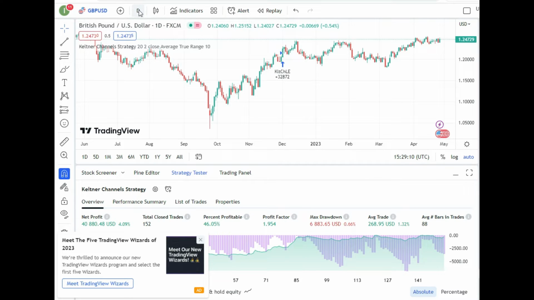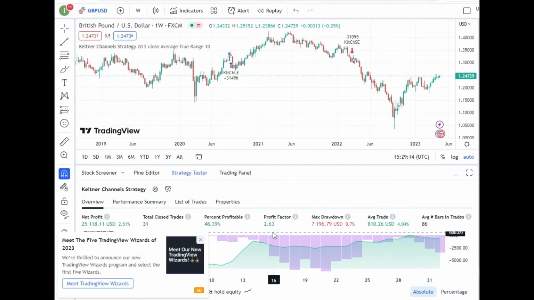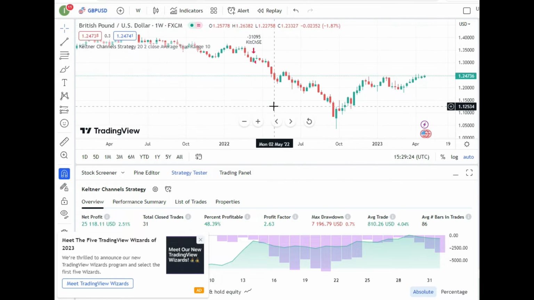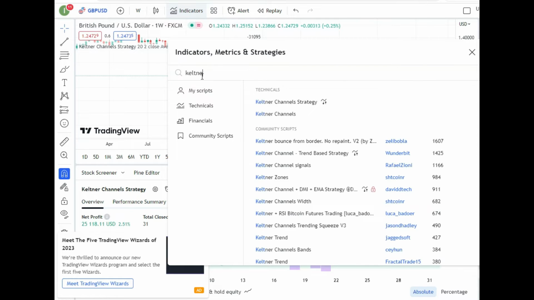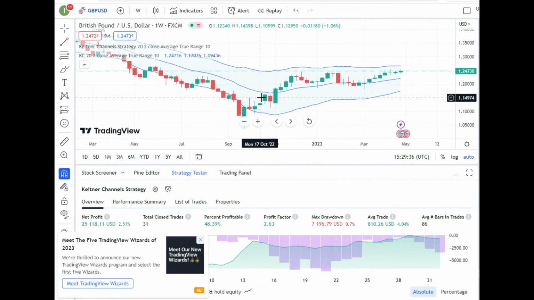But what will happen if I put the weekly chart? Even better, the profit factor is 2.63. This is not all, but let me just see in a couple of seconds how this strategy works. As you can see, I will get the Keltner channel again to see it better. Okay, right now you see.